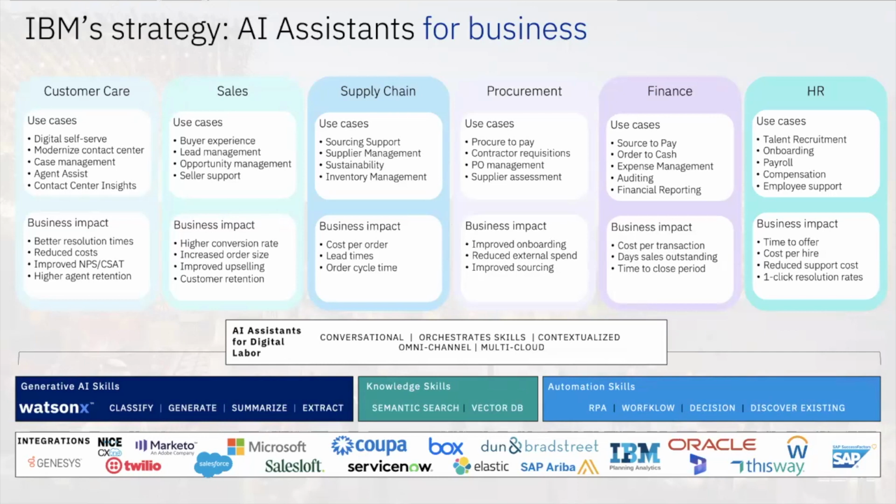So the use cases are endless. And as you can see here, all these use cases come on top of the AI assistant for the digital labor. So you can interact in your language, because we are supporting Arabic as well, besides English and many other languages in Europe: German, French, Spanish.